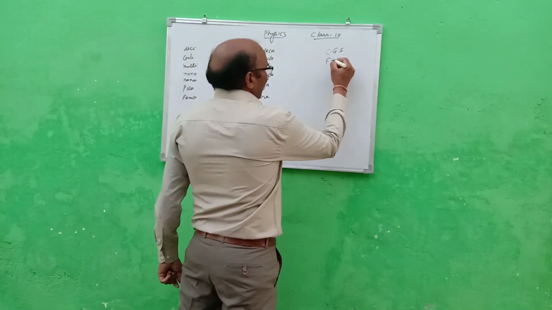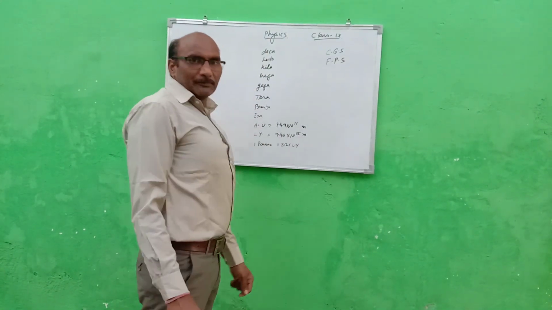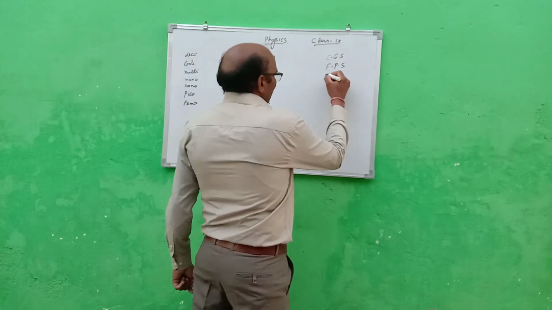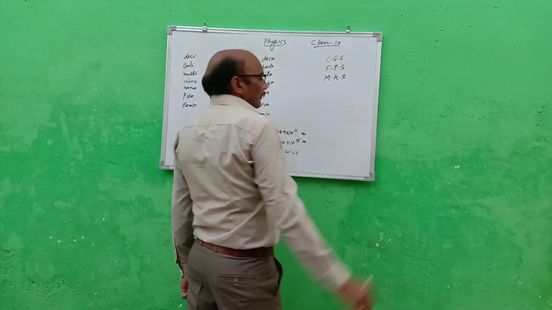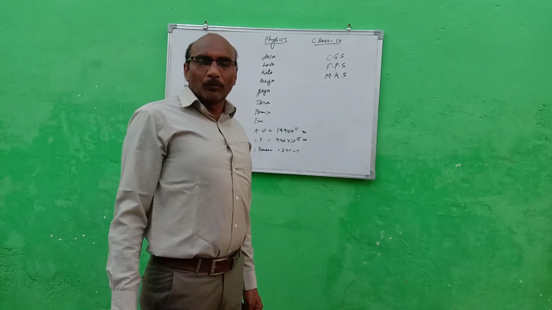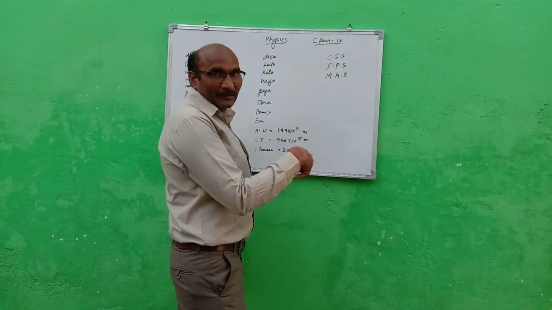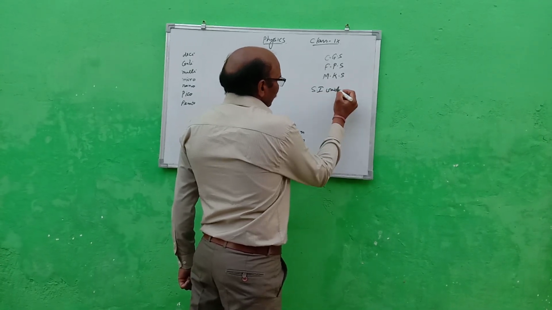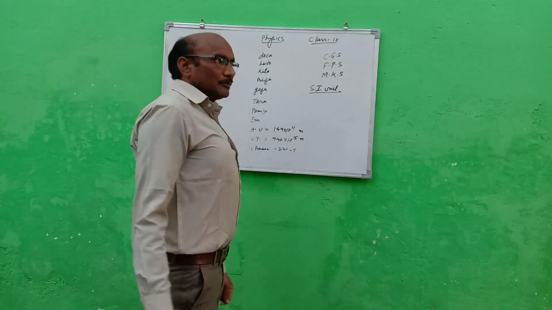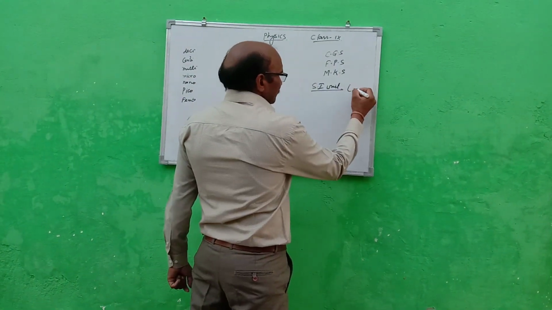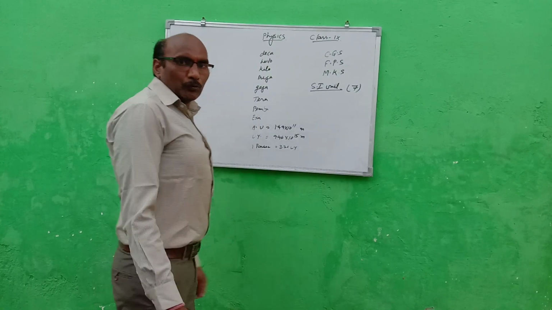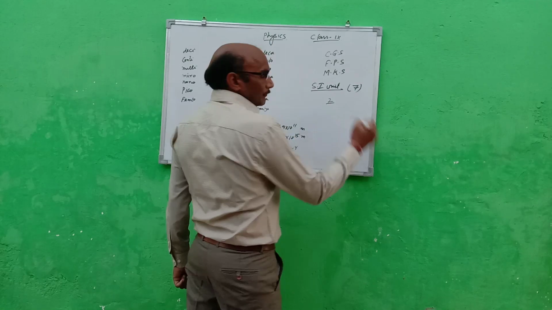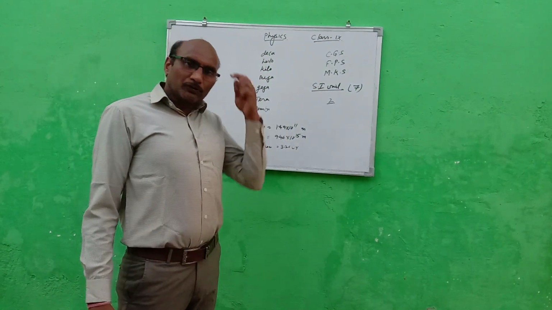Second was FPS, full form was foot, pound and seconds. Third was MKS, that was meter, kilogram and second. And finally we discussed the SI system of units: 7 basic fundamental quantities and 2 supplementary quantities. I hope you all have understood well.